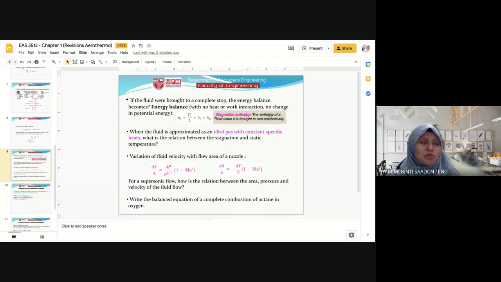So H equals to what in terms of temperature? H equals to what?